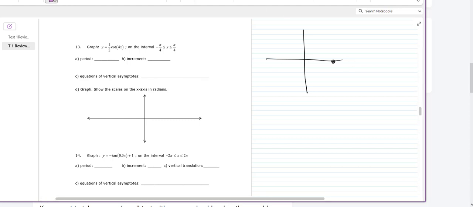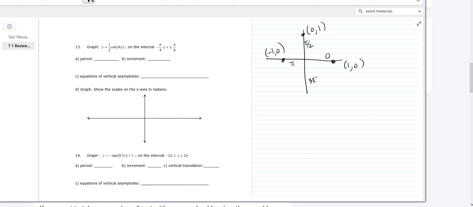Now let me create what's relative to these two problems. You've got 0 radians, pi over 2 radians, you have the point 0, 1. Pi radians, you have the point -1, 0. 3 pi over 2 radians, you have the point 0, -1.